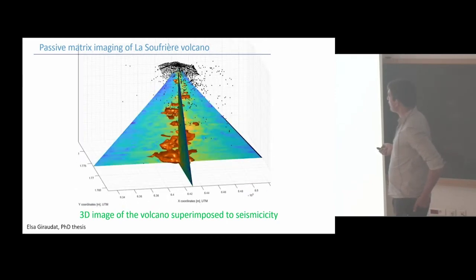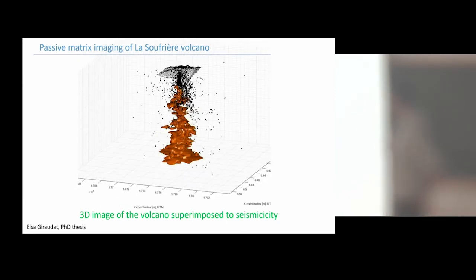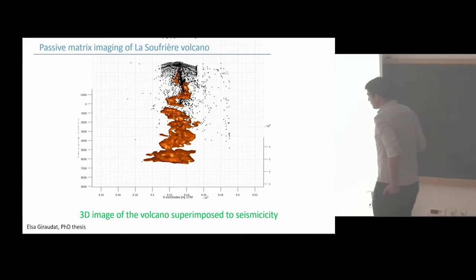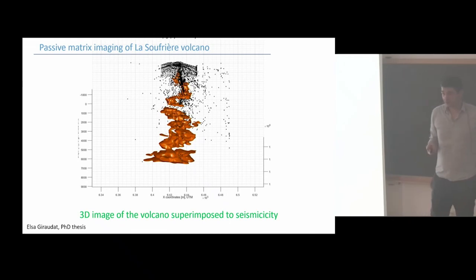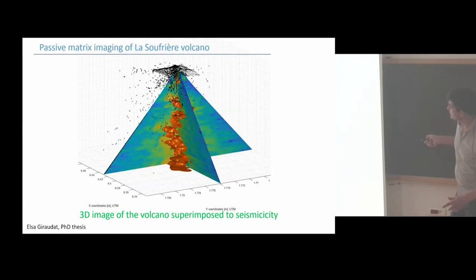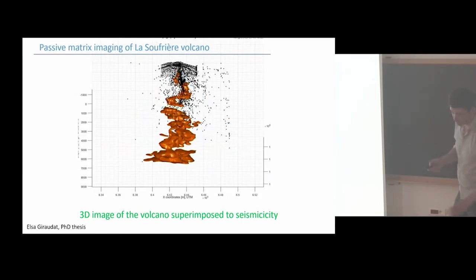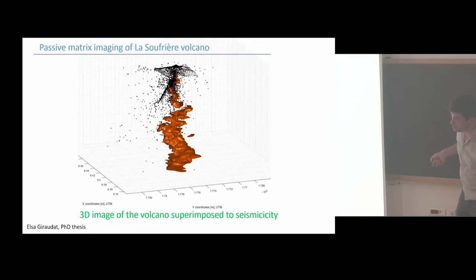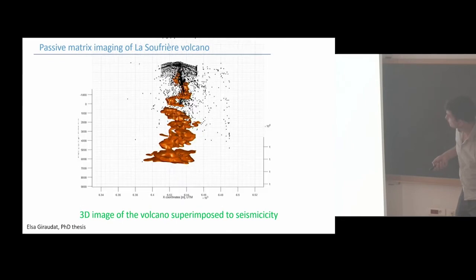Of course, I don't know if you can directly correlate the seismicity with the image, because seismicity is based on migration techniques that are not considering the wave velocity distribution. So of course they are also affected by aberrations. That's why you can have a different behavior. For example, this part is not exactly aligned with our image, but maybe our image will help in the location of these seismic events.